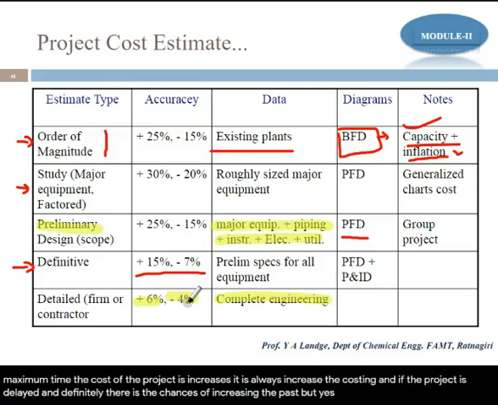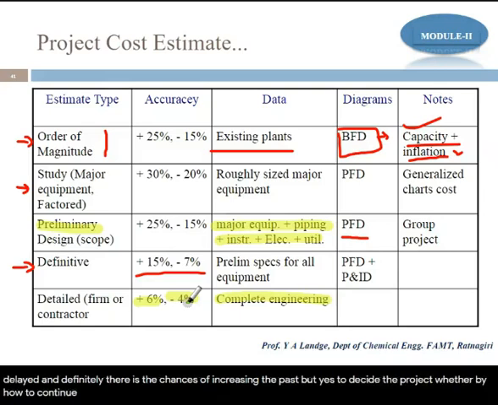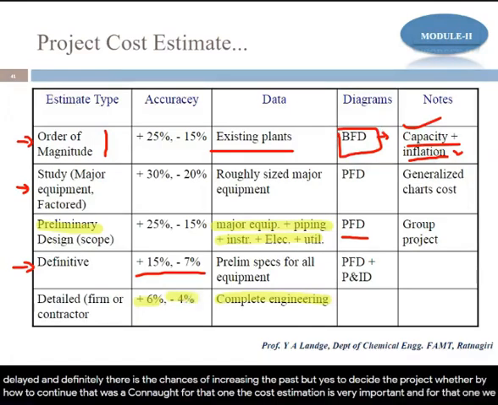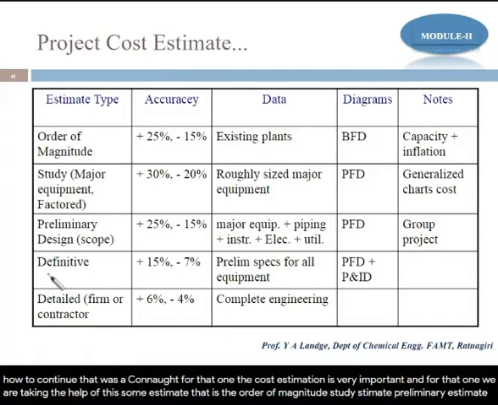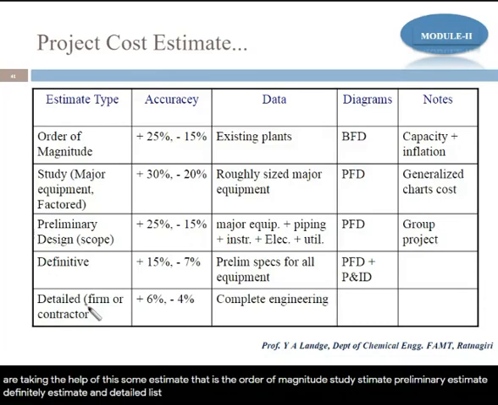But to decide whether we have to continue that project or not, cost estimation is very important, and for that we take the help of these estimates: the order of magnitude, study estimate, preliminary estimate, definitive estimate, and detailed estimate.